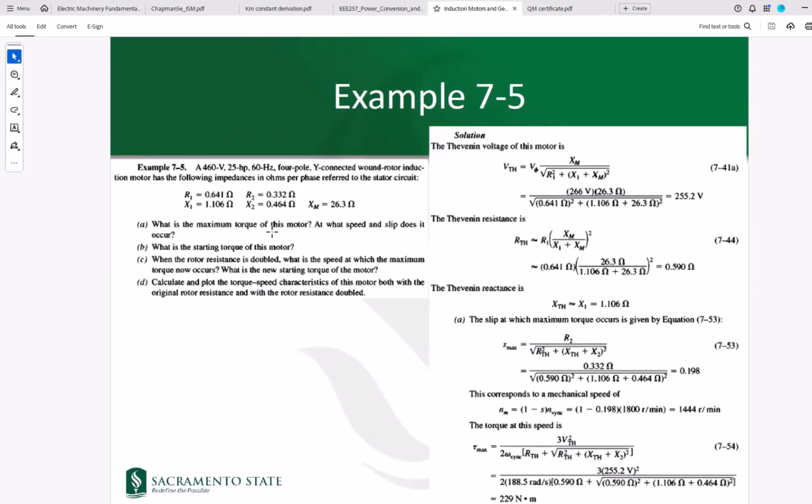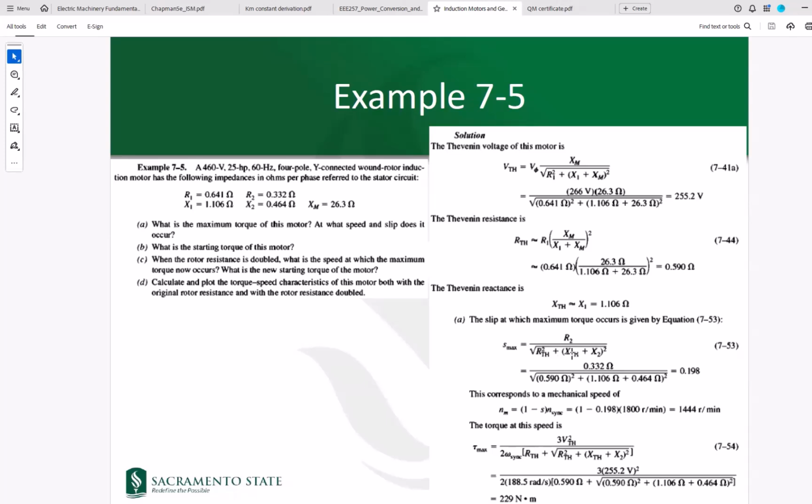So under MATLAB, you would need to come up with the same type of solutions that were found in this example. Another example is talking about another motor that is under these rated conditions, and it's Y-connected. Its R1, X1, R2, X2, and Xm values are given. It wants to find out the maximum torque. So to find the maximum torque, you would need to come up with S max first, S at which the maximum torque happens.